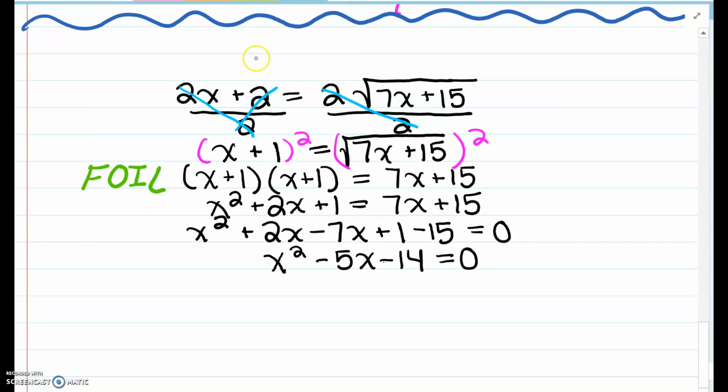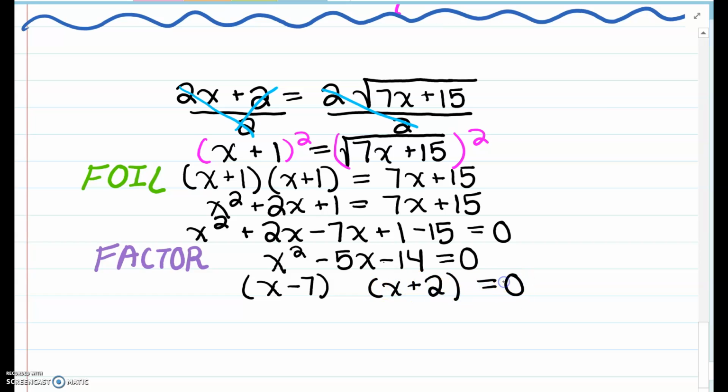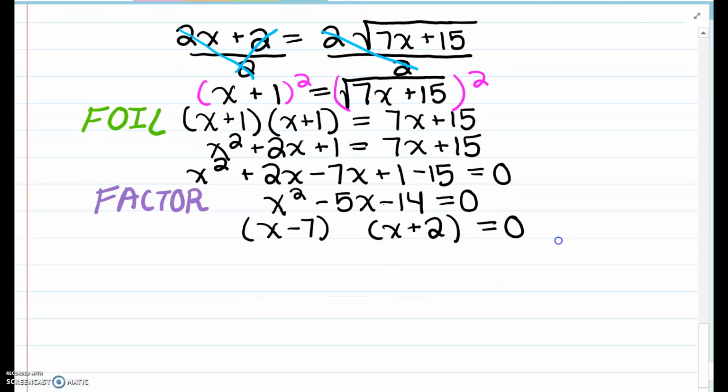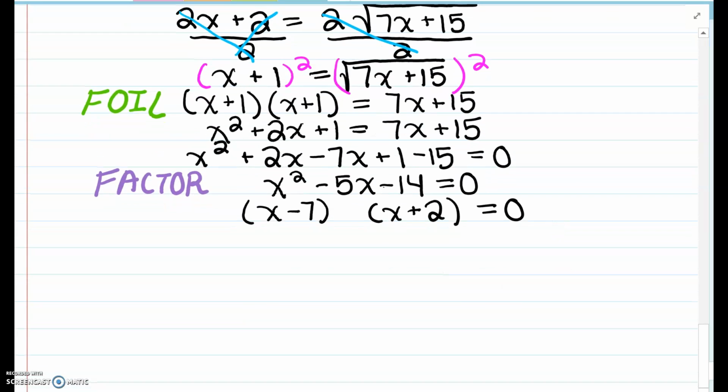And we can factor this. So it will become (x minus 7)(x plus 2) equals 0. And now we solve.